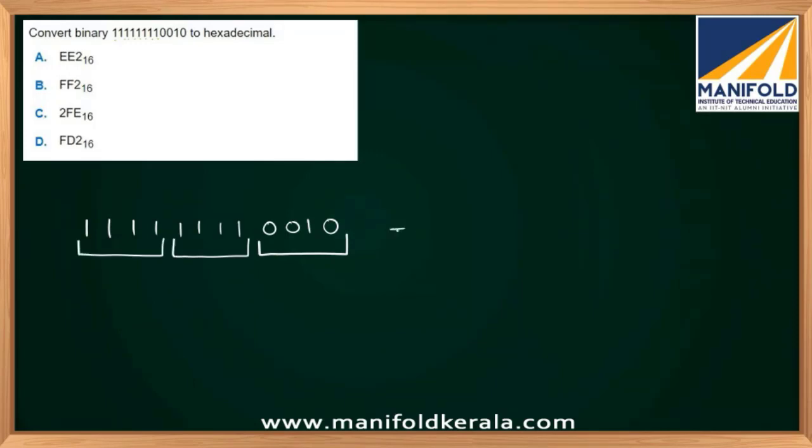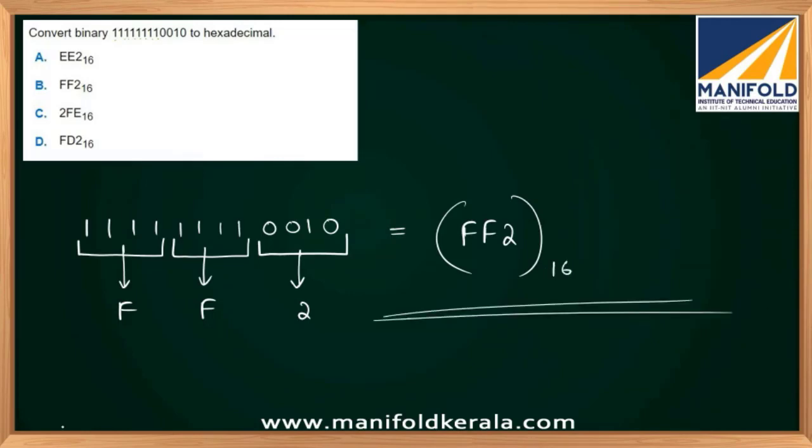Now tell me, what is this symbol? 2. What is this symbol? F. And this symbol is F. So the hexadecimal is FF2. So that is option B. Okay, I think this is clear.